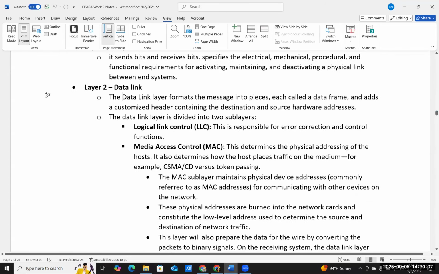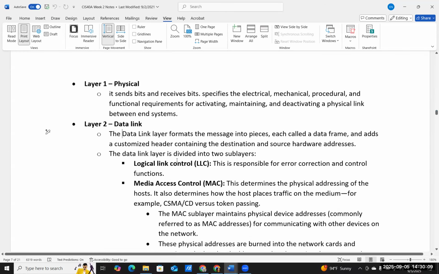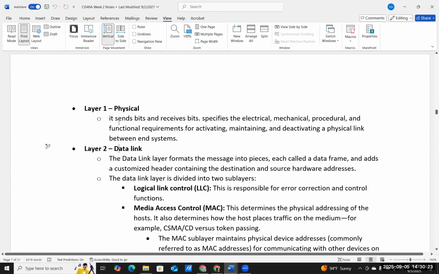My trick for you: I always come up with funny acronyms so I can remember, because it helps me. So P stands for people, D stands for don't. The way I say my OSI layers: people don't need to see purple alligator. Physical, data link, network, and so on.